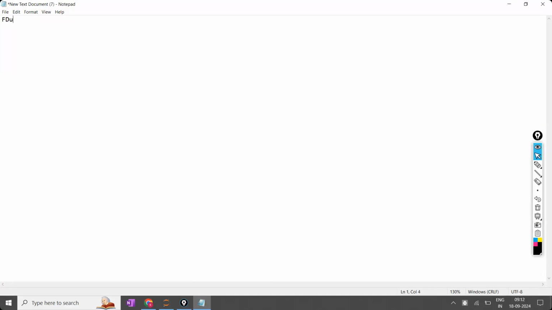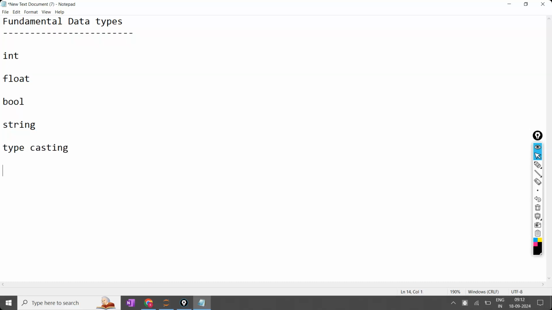Within the fundamental data types, we covered int, float, bool, and strings. And from there, we saw typecasting, what is meant by typecasting, and what is meant by functional programming.